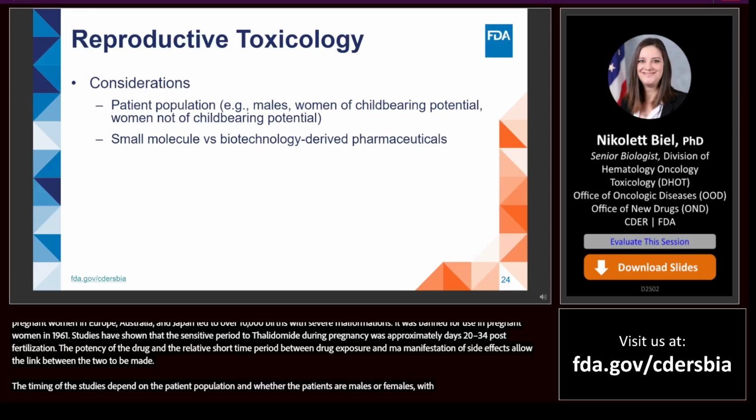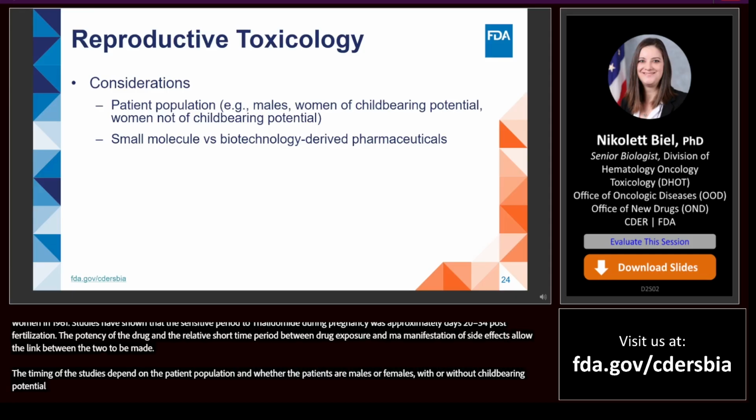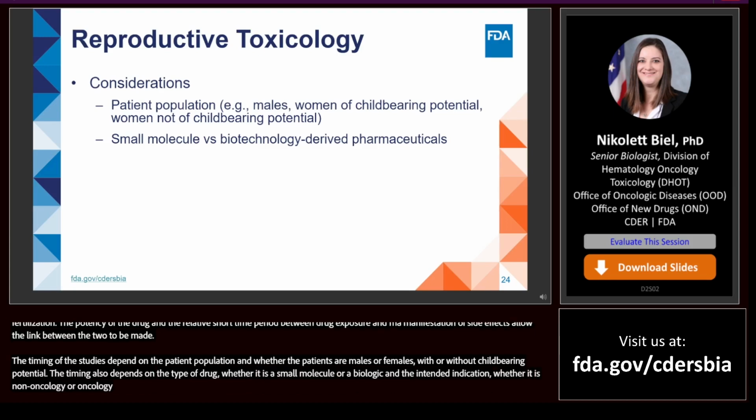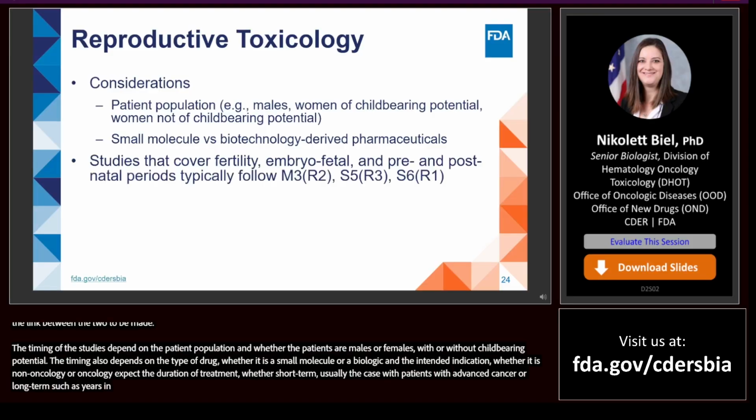The timing also depends on the type of drug, whether it's a small molecule or a biologic, and the intended indication, whether it's non-oncology or oncology, and expected duration of treatment, whether it's short-term, usually the case with patients with advanced cancer, or long-term, such as years in non-oncology settings. Reproductive toxicity assessments are included in the general toxicology studies to inform on potential effects on fertility.